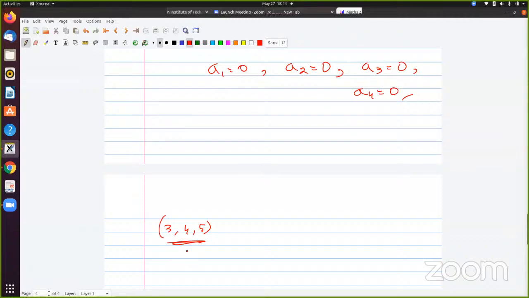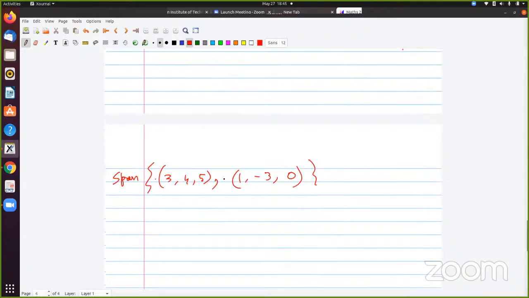I am telling you why there is confusion about the span of a vector. If I am going to calculate the span of a vector, it means the scalar multiplication of this thing. Nothing else will happen. Now, if I add another vector with it, like this, and I say you calculate the span, what will you do?